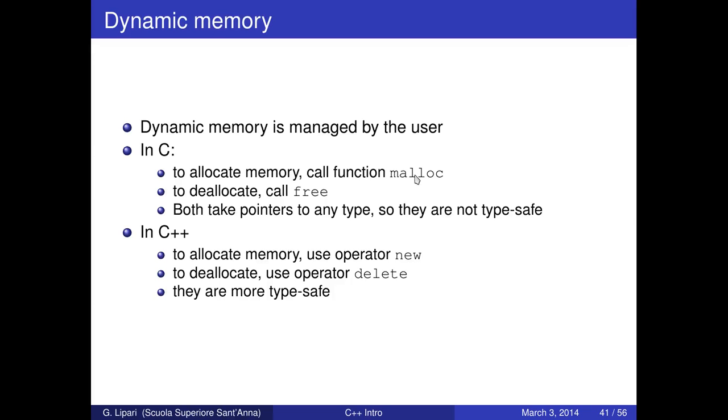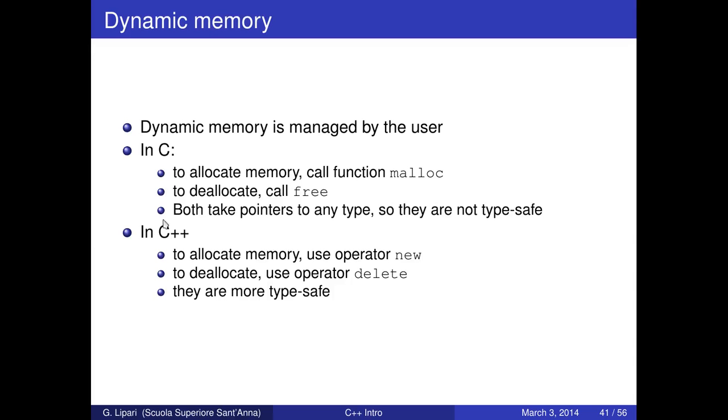So malloc takes the size of the memory to allocate and returns a pointer to void, and free takes a pointer to void. This means that it's the responsibility of the programmer to make sure they are correctly using malloc and free. Actually this is one of the most difficult parts of programming in C, making sure that dynamic memory is allocated and deallocated correctly.